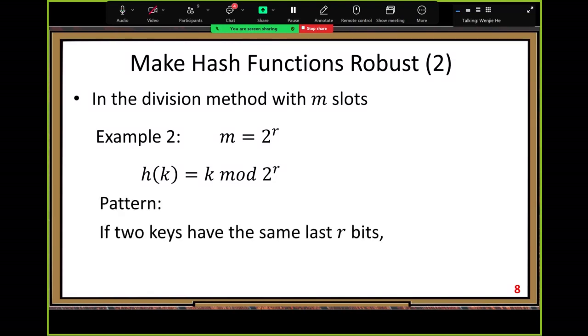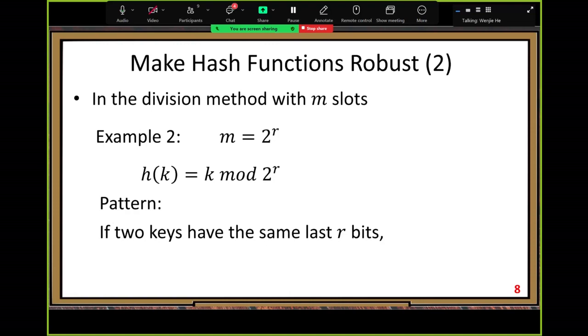The pattern: if 2 keys have the same last r bits, think about that. Then those keys will be mapped to the same slot after the modular operation.